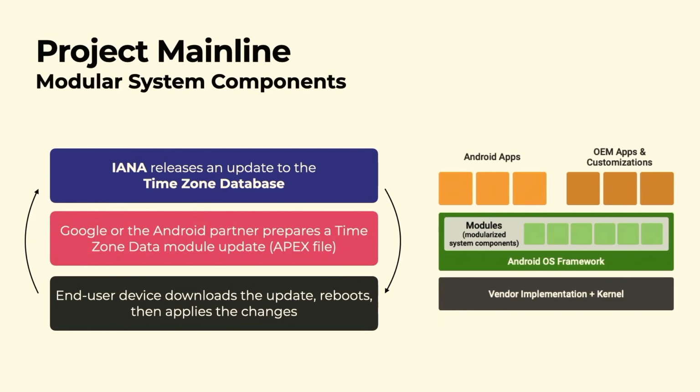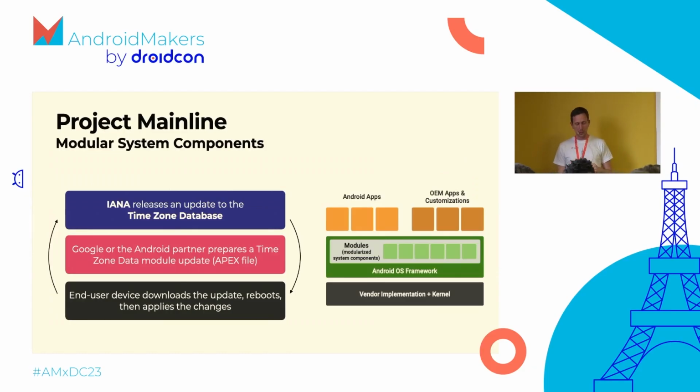It depends on the partnership, so the OEM, and it's going to be over the air. The time zone rules can be updated through a dedicated module here for our Android devices, delivered as an Apex file, and Apex here stands for Android Pony Express. It's a container format that was introduced in Android 10, and it's used to install lower level system modules.